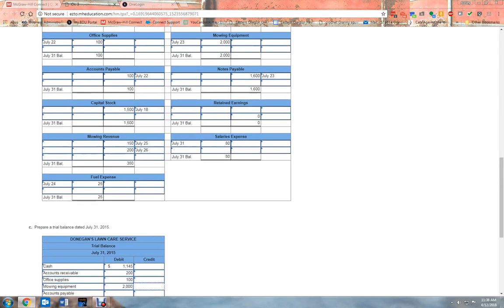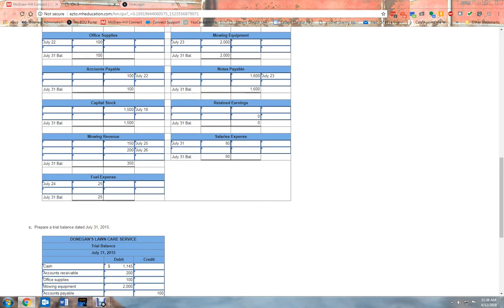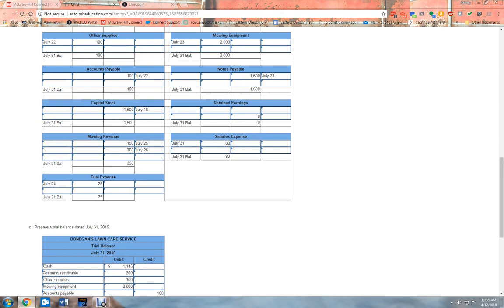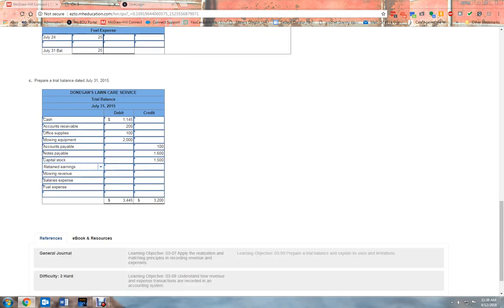Accounts payable, a $100 credit balance. Notes payable, a $1,600 credit balance. Capital stock, a $1,500 credit balance. Retained earnings, 0, and normally that carries a credit balance, so we'll leave it on the credit side.